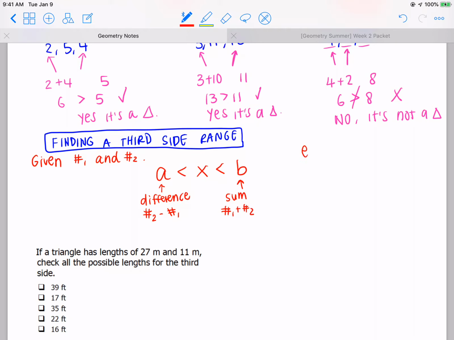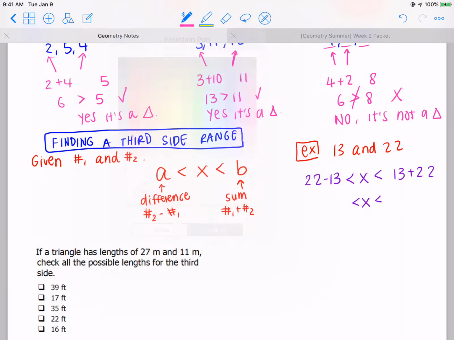Okay, so let's look at an example. If they say 13 and 22, what are all the numbers that are possible to be the third side? If I have x in the middle, I would take my 22 minus my 13, and then on the right-hand side, we just add them together.